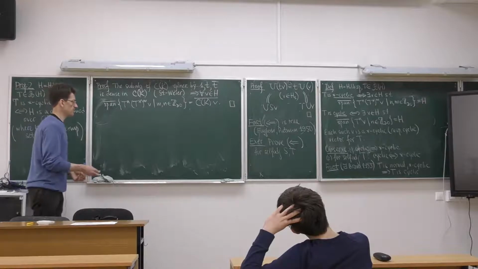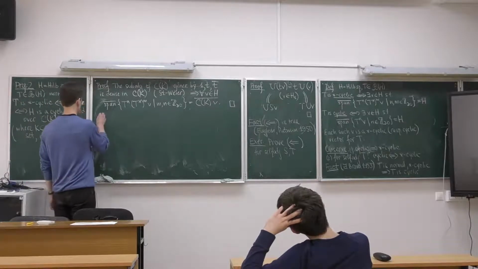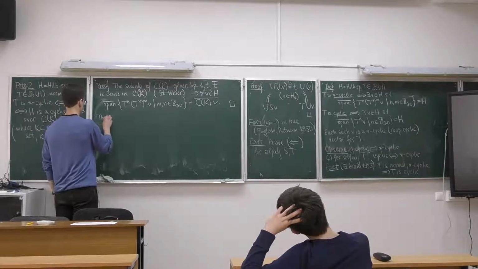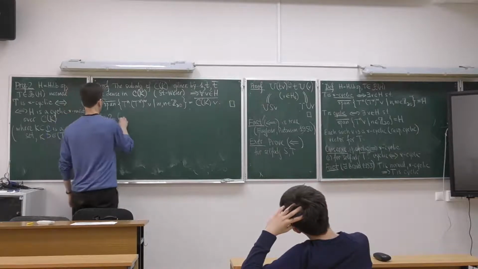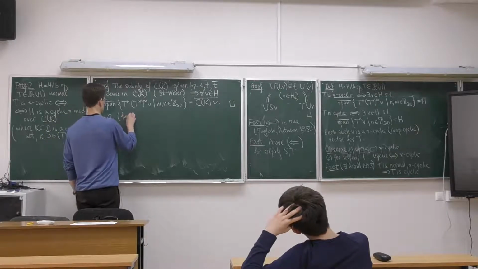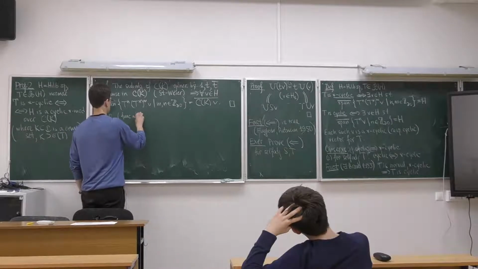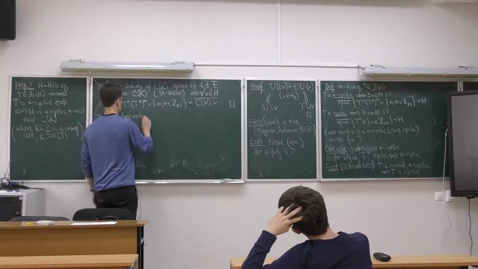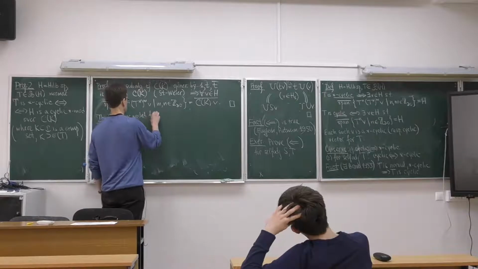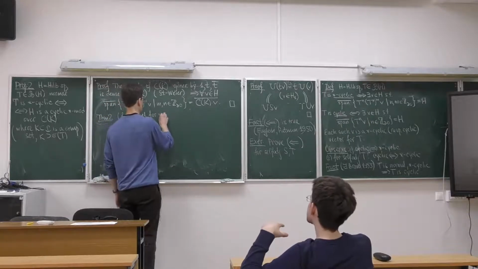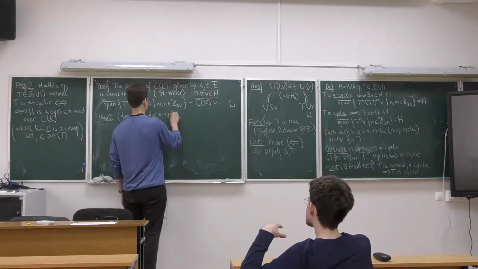And now combining all these results, we get theorem 2, which is actually a special case of theorem 1. This is the functional model theorem for star cyclic normal operators.